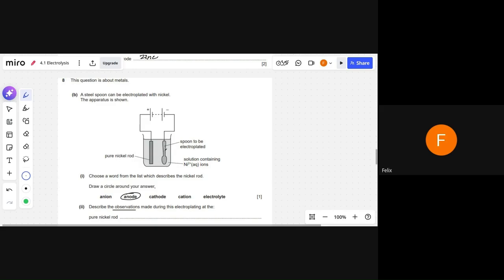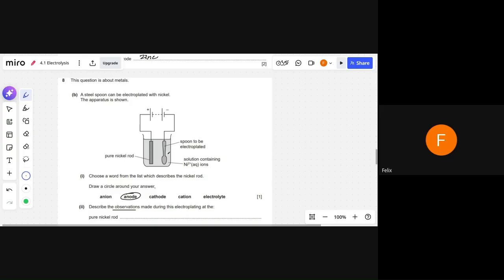You are electroplating your spoon with nickel, so the electrolyte must contain nickel ions. If you are electroplating with silver, your anode should be pure silver, and the electrolyte must also contain silver ions.